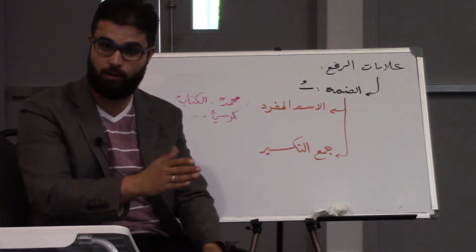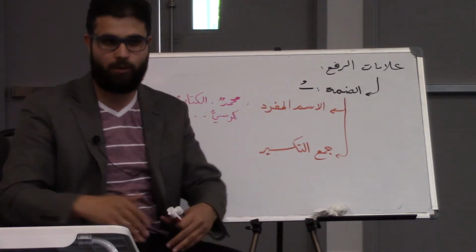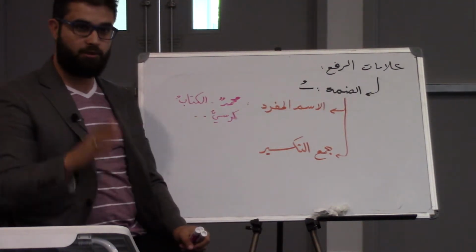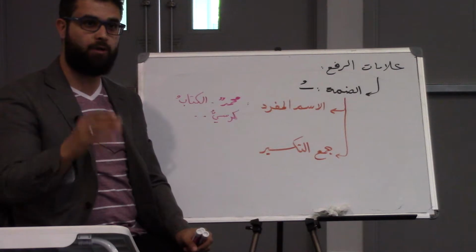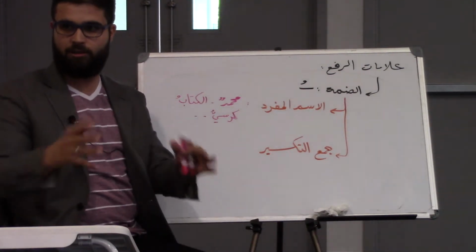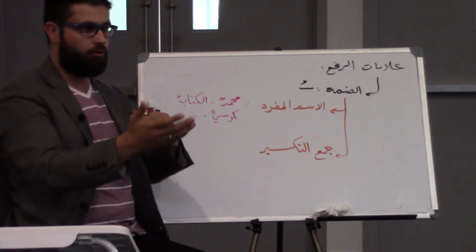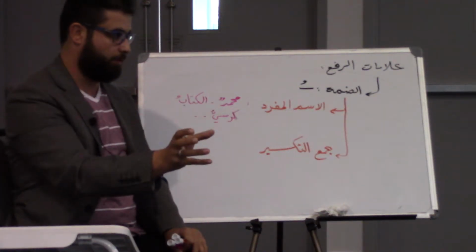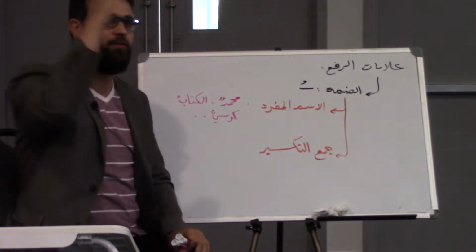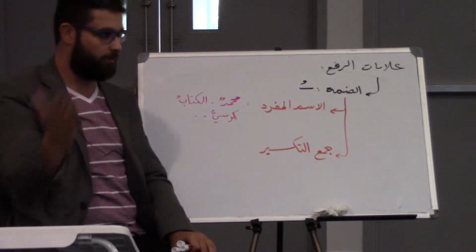So there's certain ways to do it, and then there is a way that has no method. There are words that are plural, but they were turned into plural without a clear method of how to do it. So it's called a broken plural, meaning we just changed the sequence of the letters a bit. We added a letter here, or subtracted a letter here, and it turned into a plural. But there's no actual method. It doesn't fall under one of those standardized ways of turning a singular word into a plural.